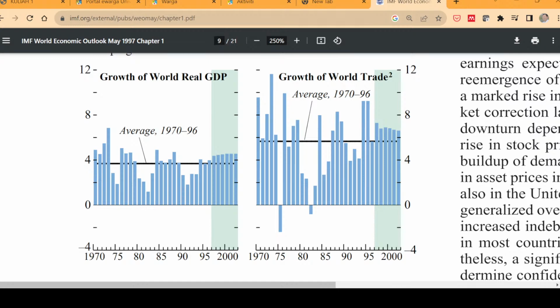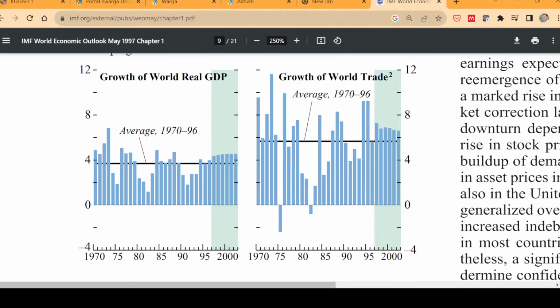Because the world economy is something so big, when something is so big, it cannot change much, or it cannot change rapidly. It is less fluid. You know, fluid. Water is fluid, right? Less fluid compared with trade. Trade can change because of many things.